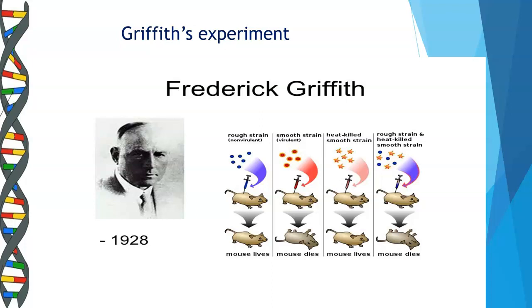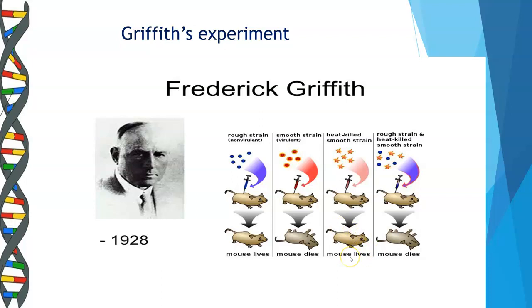Griffith recovered a large number of live S-strain bacteria from the blood of this last dead mouse. In the fourth experiment, he realized that there was something that caused the harmless R strain to change into a deadly S strain bacterium. Griffith showed that the change was genetic.